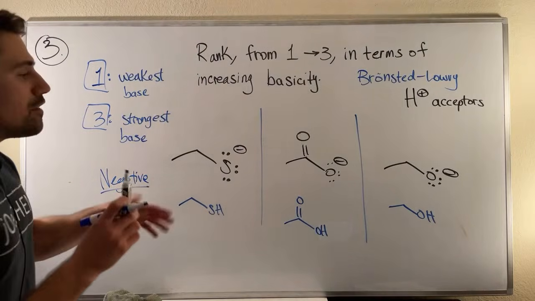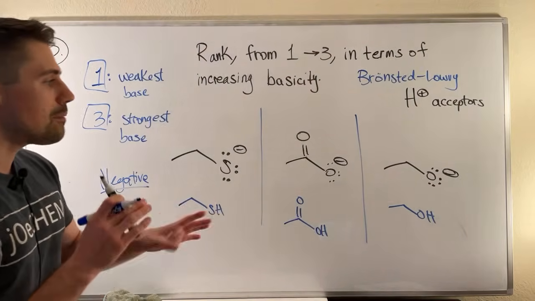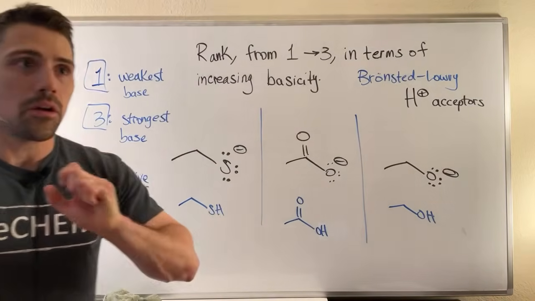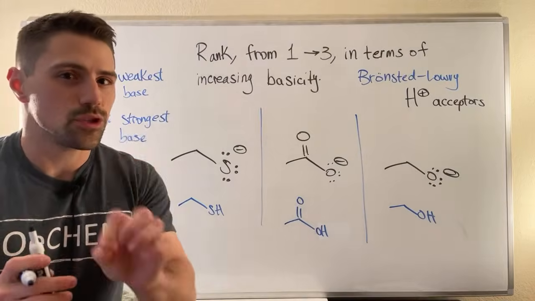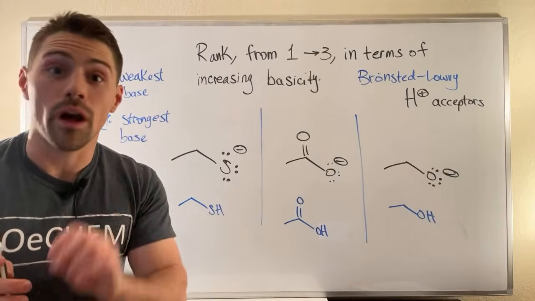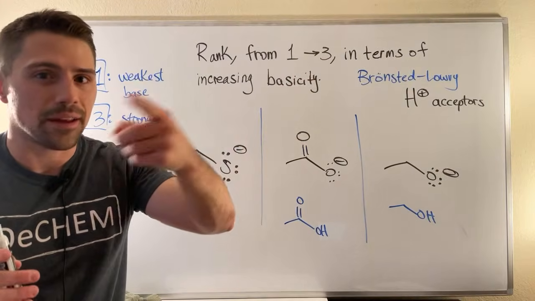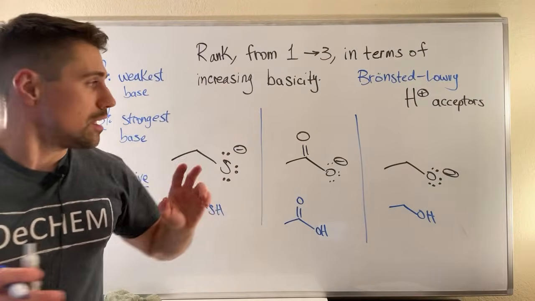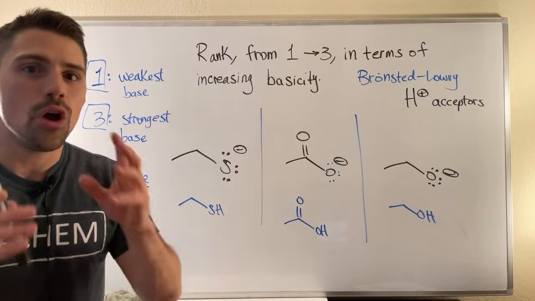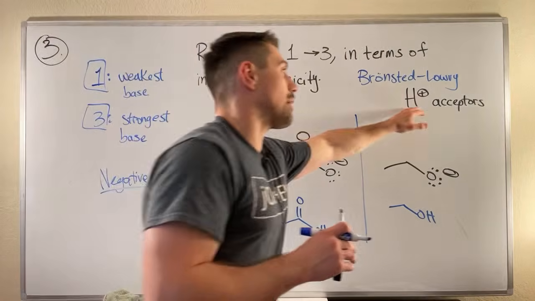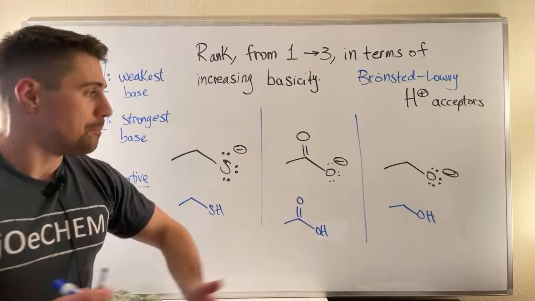One thing about bases is that the stronger a base, the more the negative charge is in one location, on one atom. If that charge is spread amongst a network of atoms, it's not going to be that strong, because no one atom is super negative, which means it won't be that good at going out and grabbing H+.